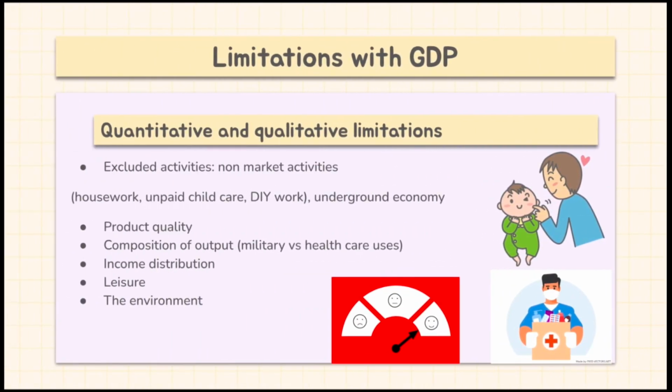So there are some limitations in GDP, such as non-market transactions, and though GDP can provide us with significant information, there's only a limited amount to what it can include.